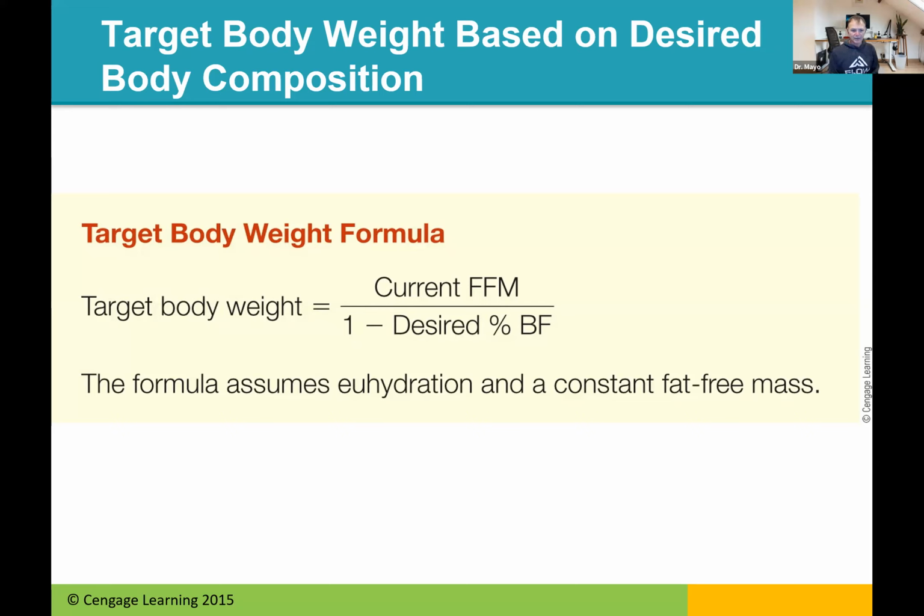The denominator is 1 minus the desired body fat. Let's say you're 25% fat now and you want to be 22% fat, then it's 1 minus 0.22, which is 0.78.